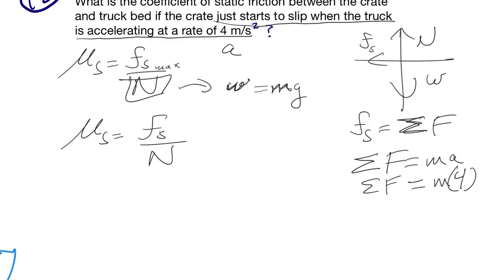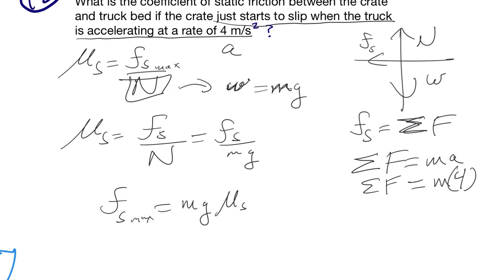Since N is mg, I can say this is Fs max over mg. So the maximum static friction is equal to mg mu s.